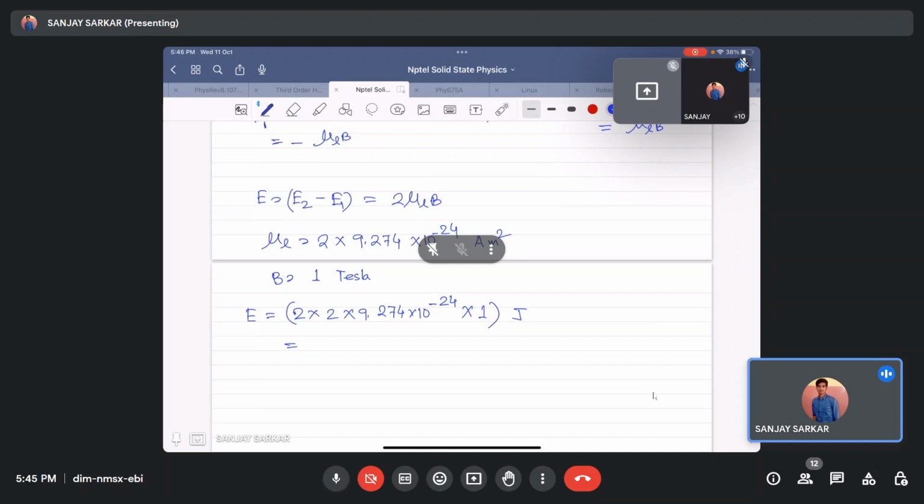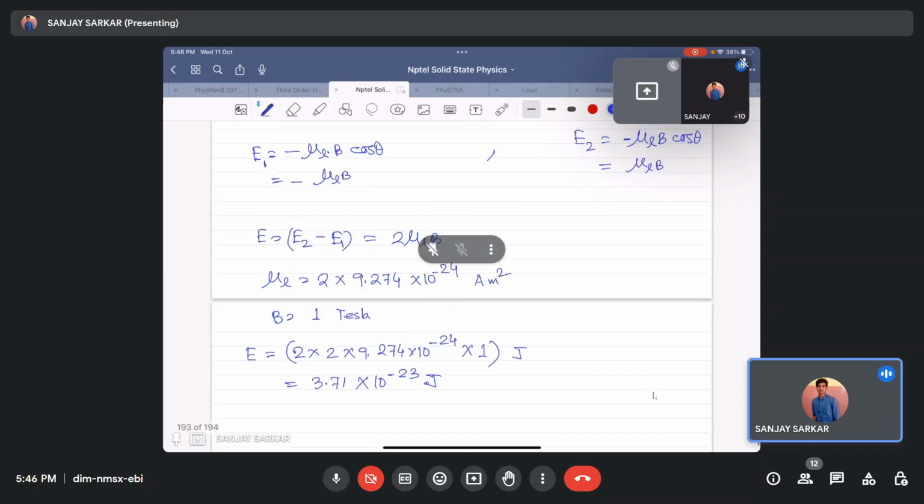To calculate this, let's calculate: 4 into 9.274 into 10 to the power minus 24. So it will be 3.71 into 10 to the power minus 23 joule.